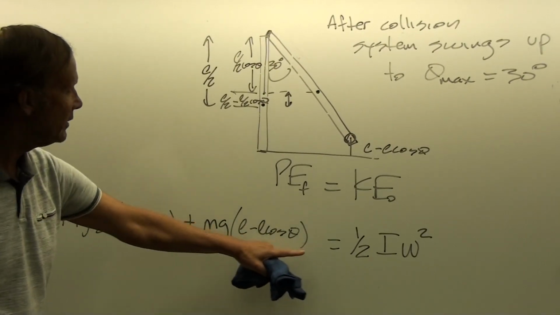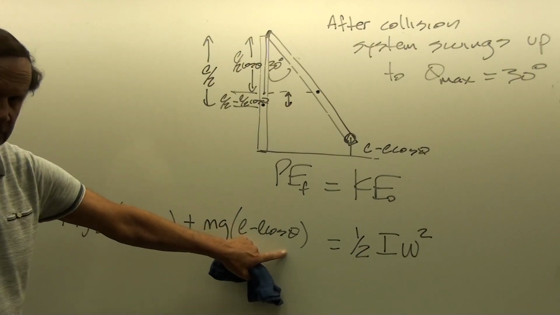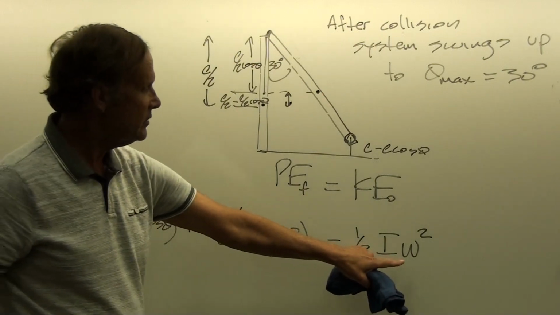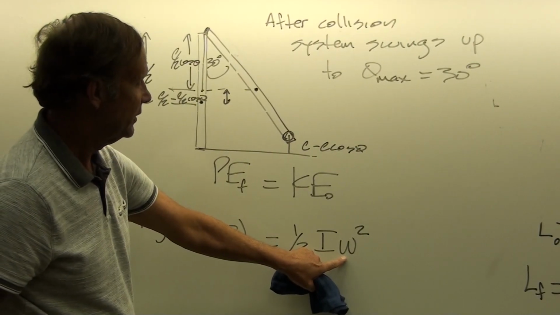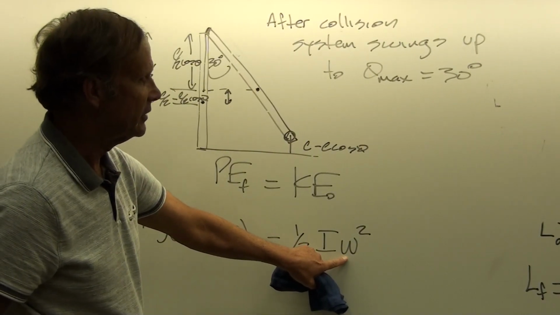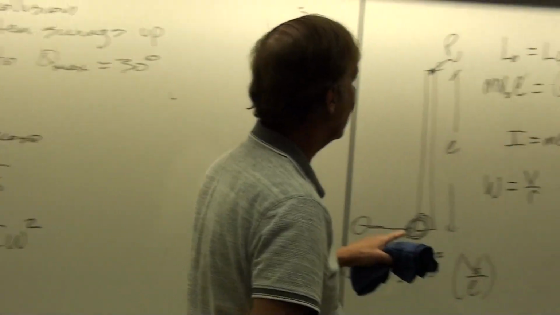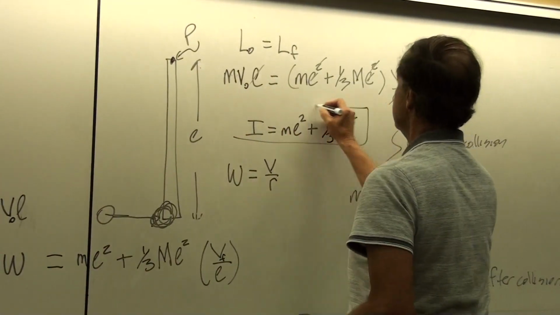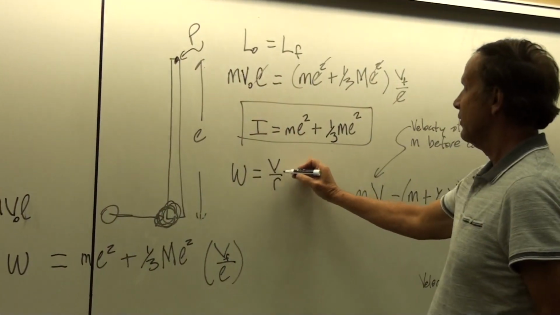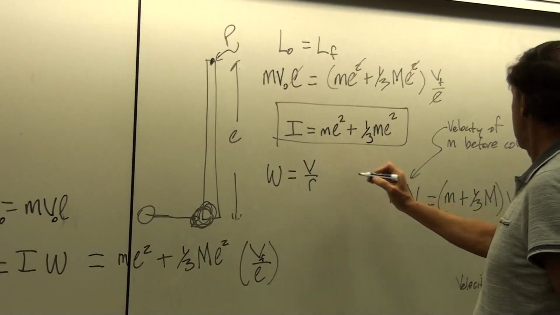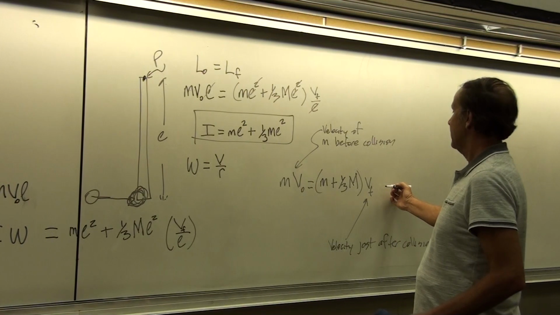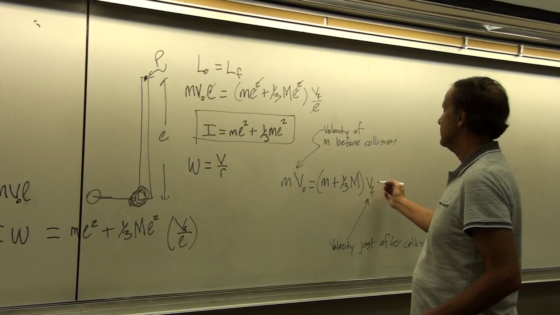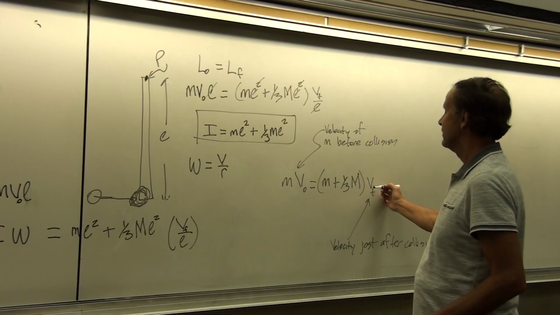All right, so from the lab, you can figure out what these two terms are. Then you can figure out what omega has to be after the collision, using the expression for I that I wrote here for you. Then you can write omega as V over R, and you can set up this kind of equation for the conservation of angular momentum before and after the collision.